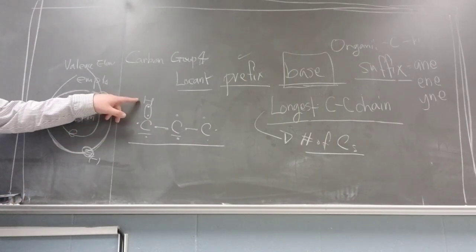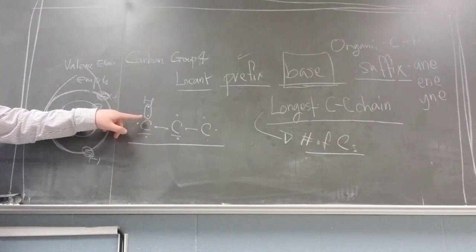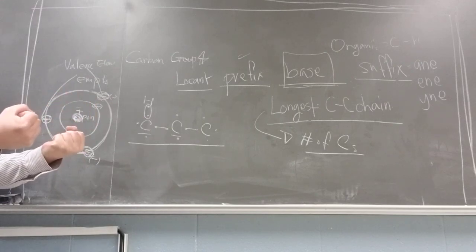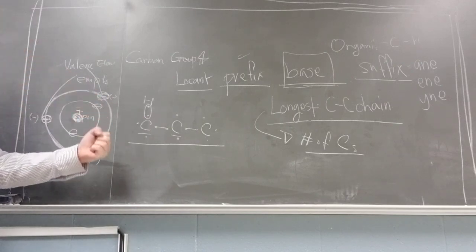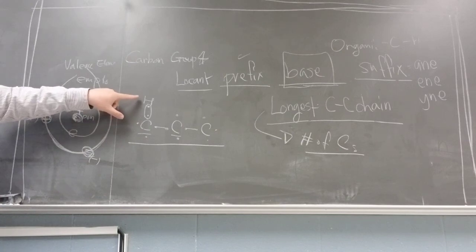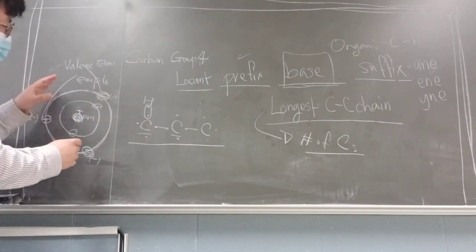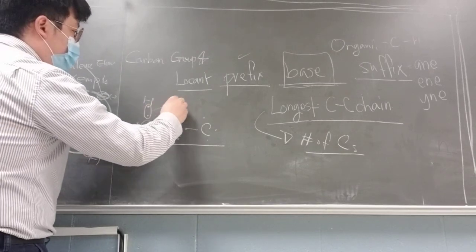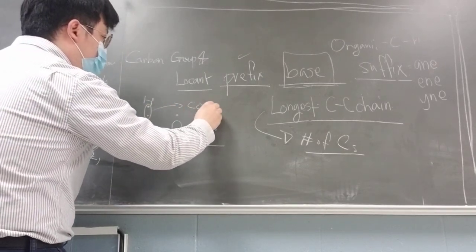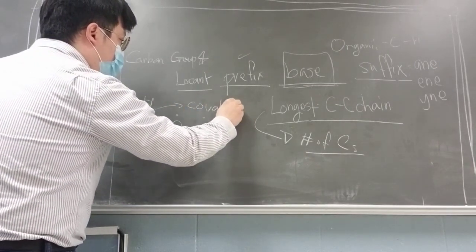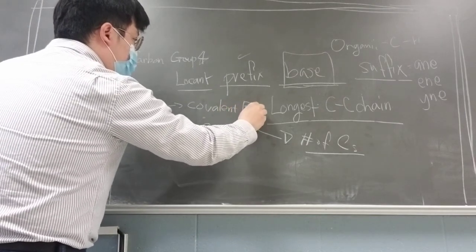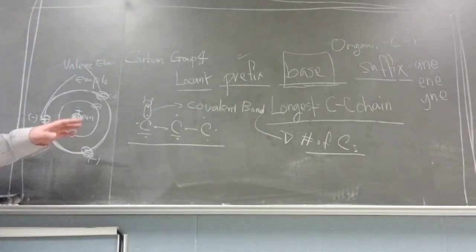So one from the hydrogen, one from the carbon here. A pair of electrons are moving in a similar space between hydrogen and carbon. So literally, this will make the chemical bond we call a covalent bond.